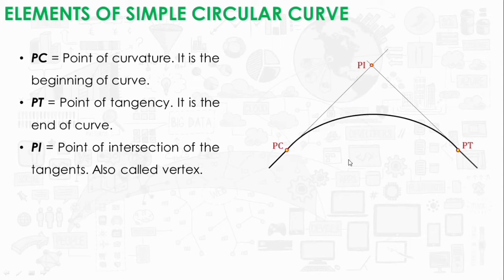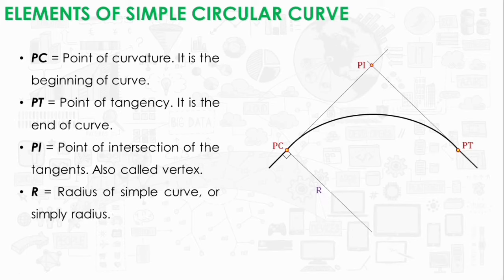So, the tangent line on the circle is always perpendicular to its radius. This is the radius of the circle, or the radius of the simple curve. The radius of the simple curve is also equal to the radius of the circle. So, this is the radius R.